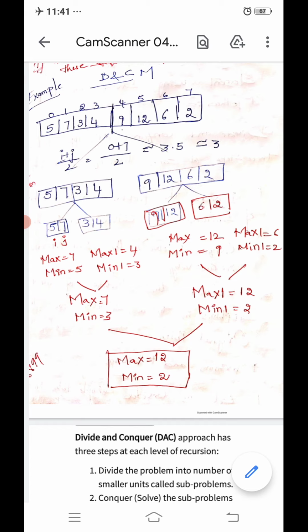Coming to the right hand side, we check the conditions: the maximum value is assigned 12 and the minimum value is assigned 9. Coming to the right hand side, maximum 1, 6 and 2, if we compare, 6 is bigger, 2 is lesser. 6 in the sense is the maximum 1 value, 2 is the minimum value 1.